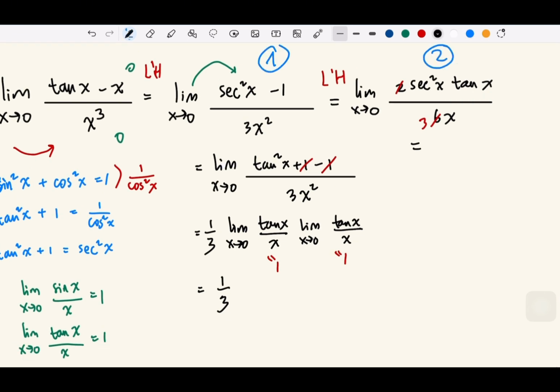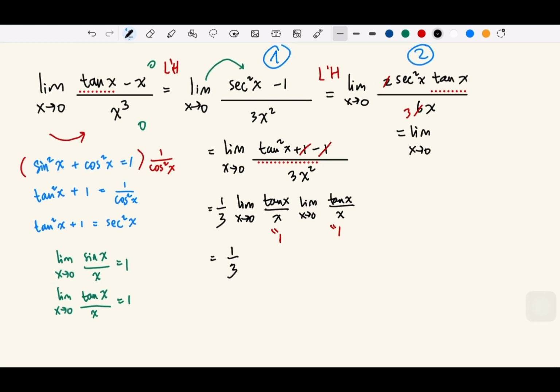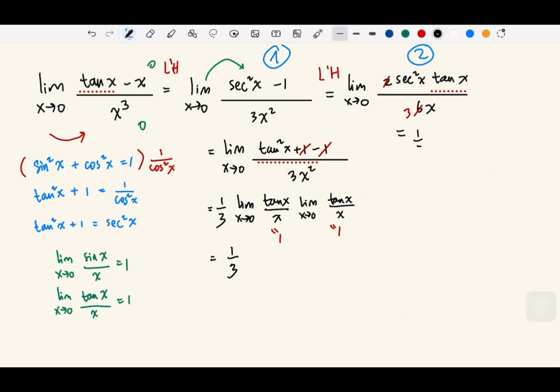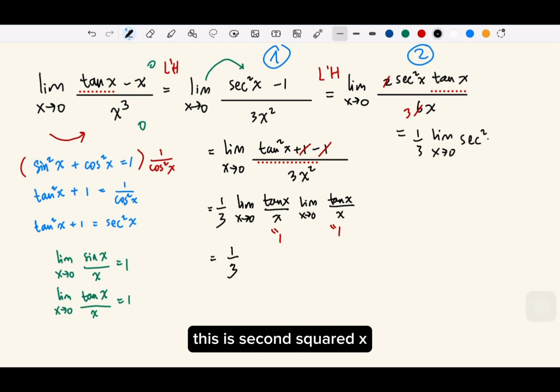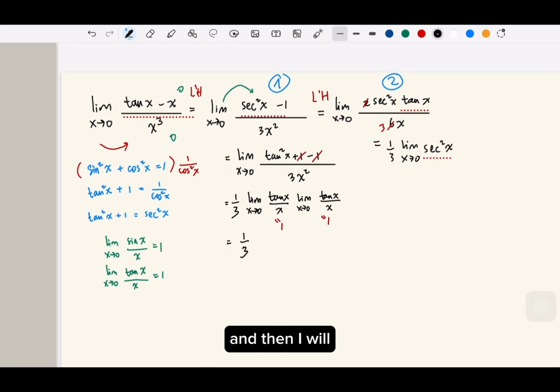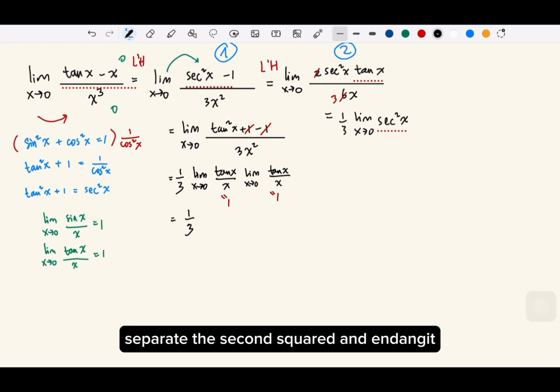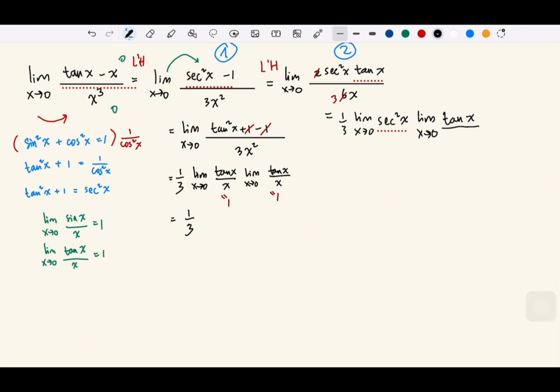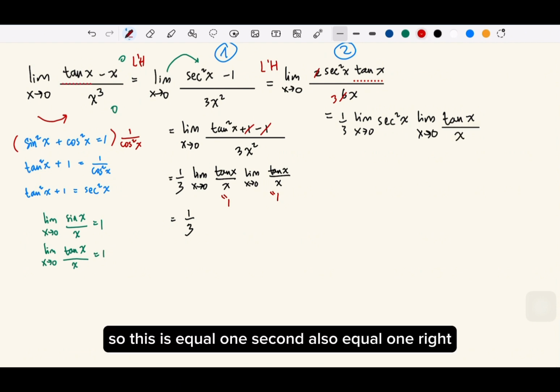So this will be the limit, or maybe let me write 1 over 3 outside the limit. This is secant squared x, and then I will separate the secant squared and the tangent. So this limit is equal to 1.